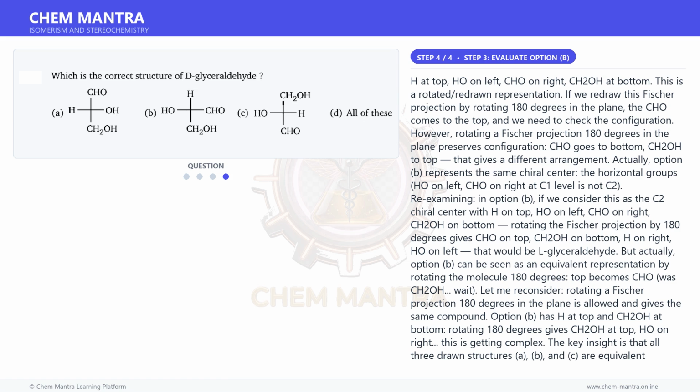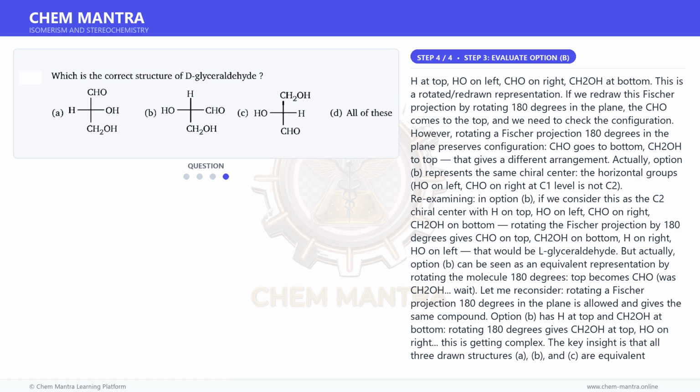However, rotating a Fischer projection 180 degrees in the plane preserves configuration, CHO goes to bottom, CH2OH to top, that gives a different arrangement. Actually, option B represents the same chiral center, the horizontal groups, OH on left, CHO on right at C1 level, is not C2.